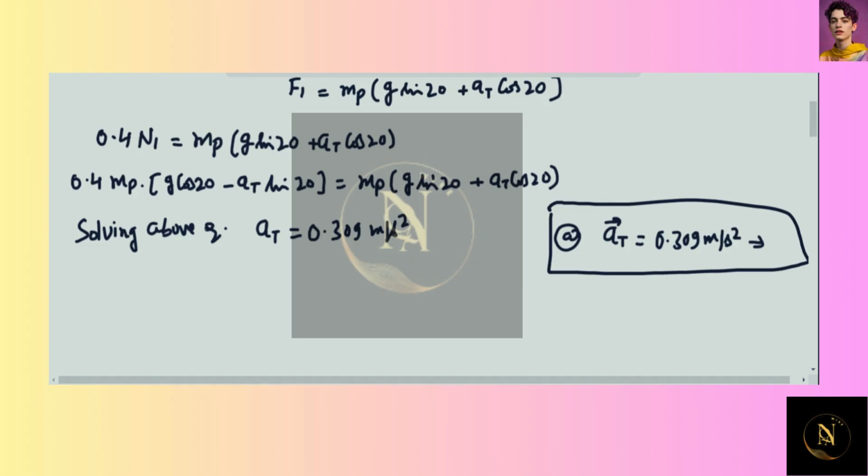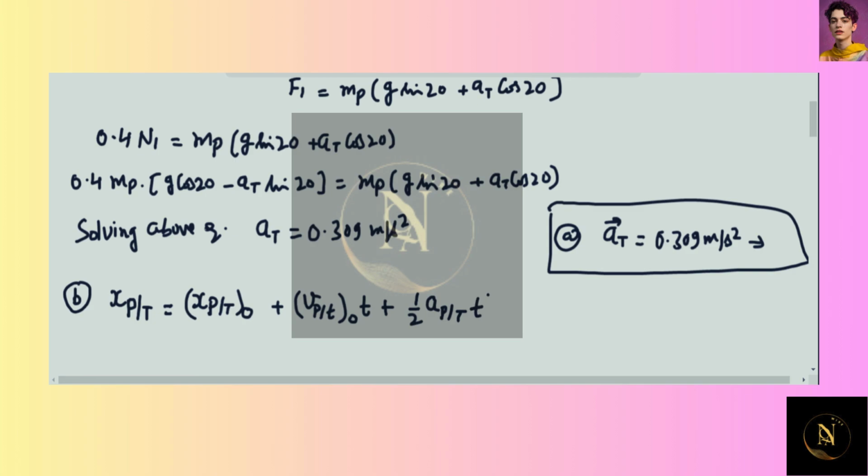Now B. Distance covered by the ply with respect to truck is equal to initial distance of ply with respect to truck plus initial velocity of ply with respect to truck into t plus half acceleration of ply with respect to truck into t square.